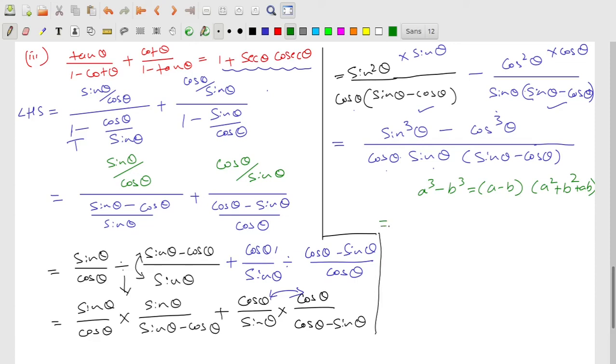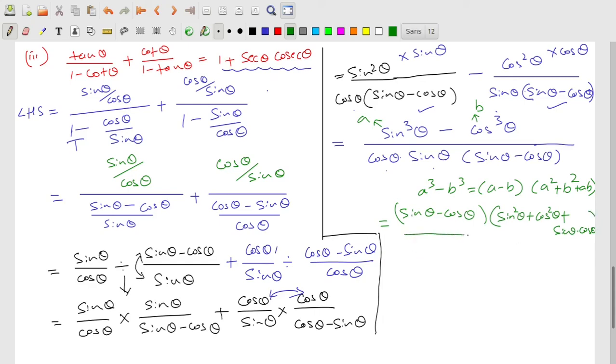So then this numerator will become, what is a here? Sine is a and cos is b. Then our numerator is a minus b, that is sine theta minus cos theta, and then a square plus b square plus ab: sine square theta plus cos square theta plus sine theta into cos theta, right?